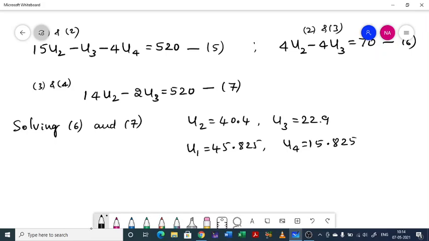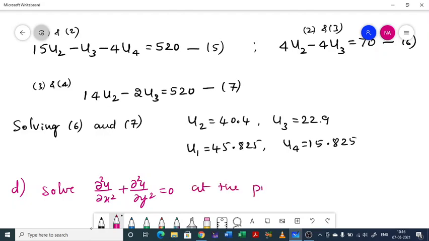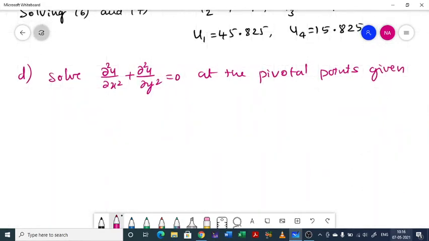So similarly, there is one more problem that is exactly similar to problem 3, that is problem D. Solve dou square u by dou x square plus dou square u by dou y square equal to 0 at the pivotal points. Given, so I'll write the table here.